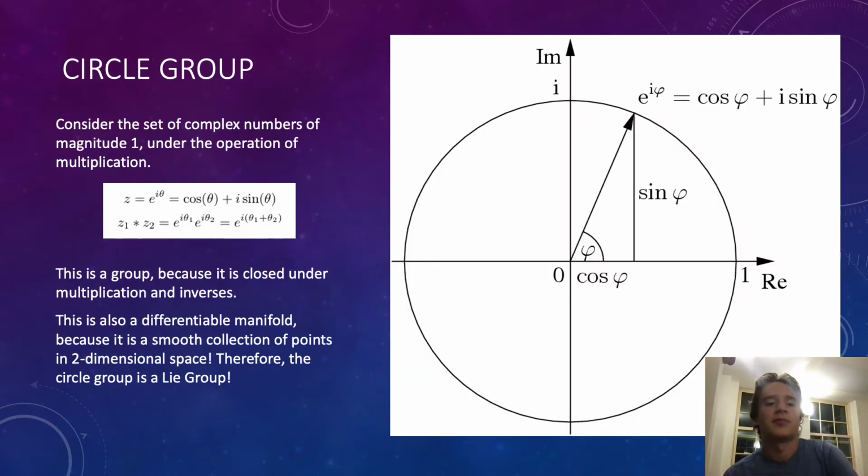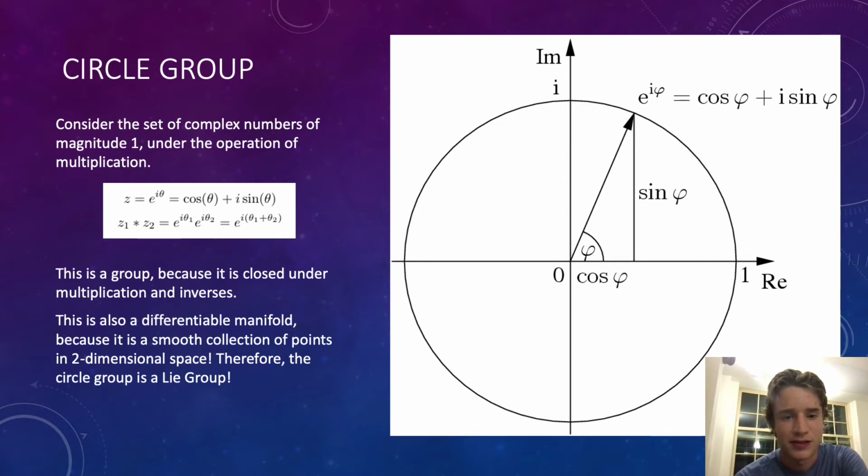So to see an example of a Lie group, we can look at the circle group, which can be represented by the set of complex numbers of magnitude 1 under the operation of multiplication. And we can just write this as e to the i phi. And this is a group because it's closed under multiplication and inverses.